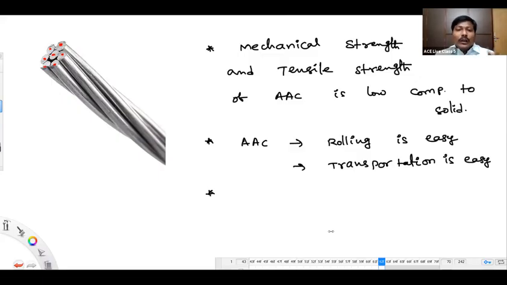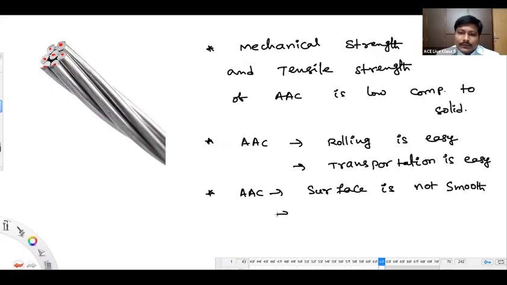Corona will be a bit more on this conductor as compared to the solid conductor. So the surface is not smooth. There are some semicircles formed on the surface, not smooth.